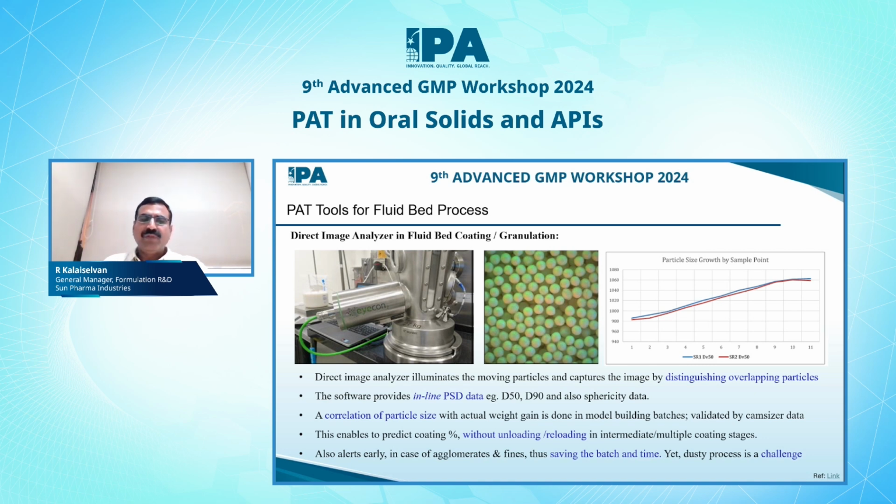In that case, we don't have to unload and then check the weight of the pellets to see what the coating weight gain is. We can always correlate with the initial 10 batches, what the coating weight gain is and what the corresponding particle size is. The corresponding particle size is live plotted by this instrument in the computer. So on that basis we can decide whether to go for the next stage of coating or continue the first coating. No need of unloading and reloading.